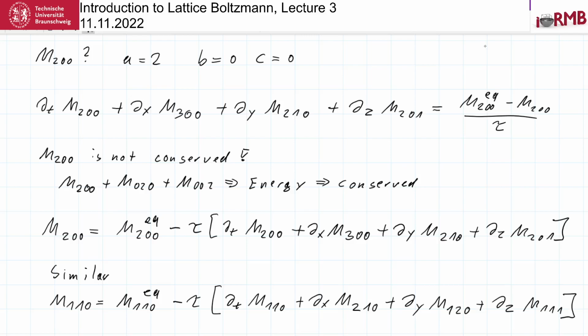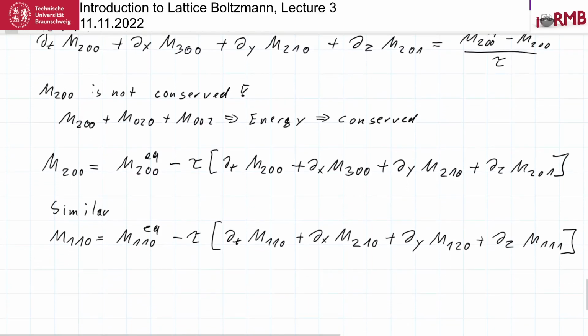So it just looks like this, and then the only other one that we need, and this of course is now simply an exchange of indices. So this one is also M101, is also in the equation that we were looking for.